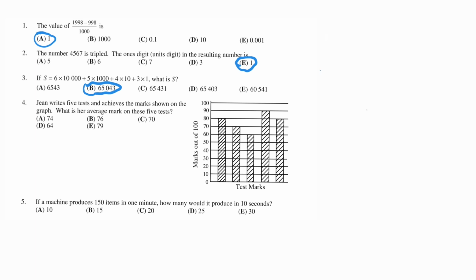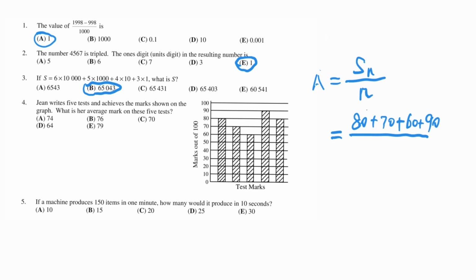Number 4. Jean writes 5 tests and achieves the marks shown on the graph. What is her average mark on these 5 tests? So average is always equal to the sum of the numbers over the number of the numbers. So in this problem, the first test is 80. Second test is 70. Third test is 60.